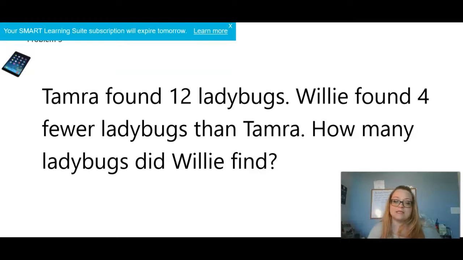What does fewer mean? Does that mean a bigger number or a smaller number? A smaller number. So Willie's number is going to be smaller than Tamara's, okay? Are we taking and trying to find out how many bugs total they have? No, we're just trying to find out how many bugs Willie found.